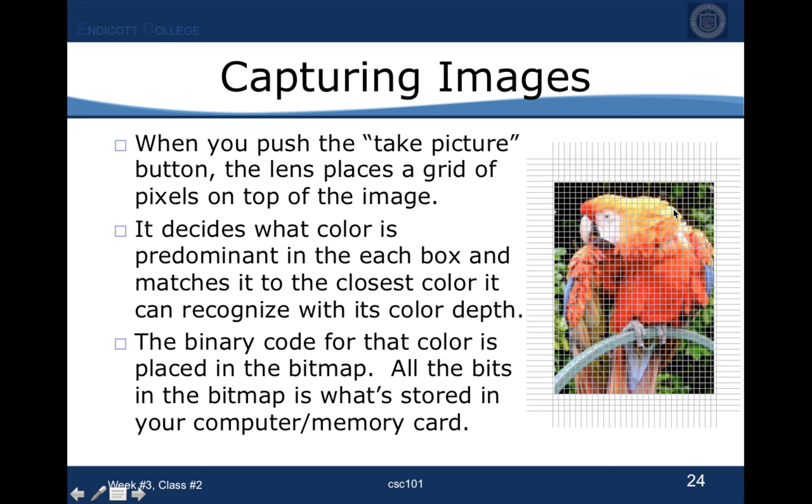So it's going to look at a box like this one, maybe the one my mouse is on right now, and it's going to try to decide, okay, of the many colors that are in here, which one occupies the most space, and that whole pixel is going to get that color. So the one I'm pointing to right now looks like the dark color probably wins over the light color.